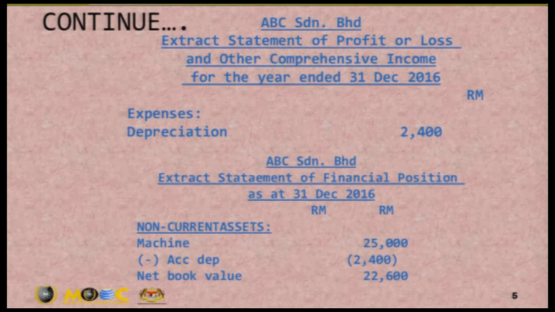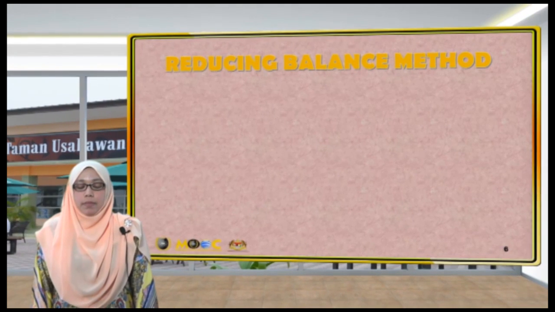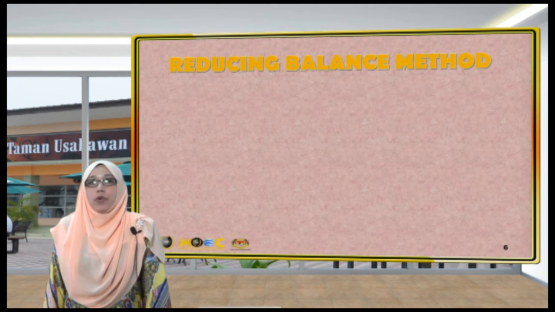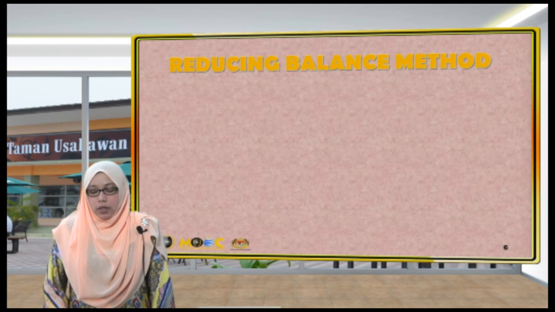Then for the statement of financial position as at 31st December 2016, the machine is presented as non-current assets for RM 25,000, then minus the accumulated depreciation of 2,400, and then we get the net book value of the machine of 22,600.